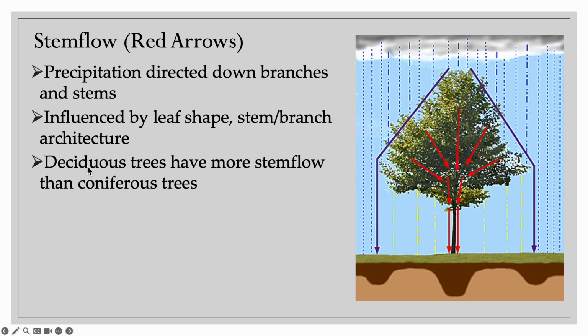Deciduous trees, those that lose their leaves, have more stem flow than coniferous trees. Think about an oak tree versus a pine tree. The chances that rainfall hits an oak leaf are greater than the chances that rainfall hits a pine needle and moves down to the trunk of that tree. And we'll see this in the next slide.